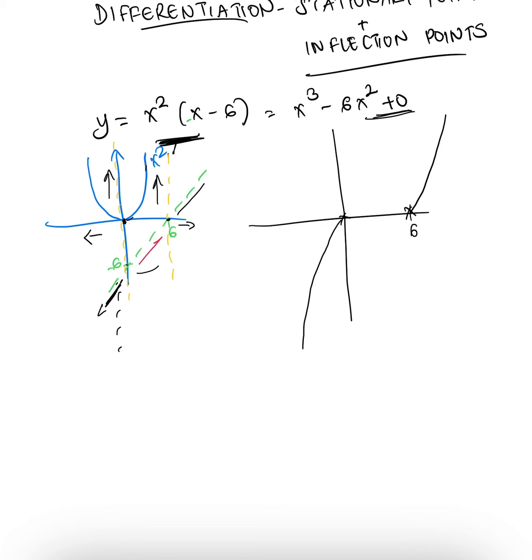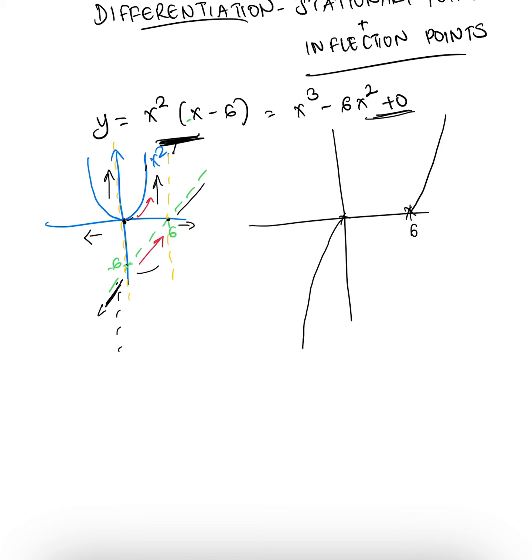The gradient is positive this way. It's going up, okay? And we also have an increasing function with regards to x squared because the gradient is positive that way, right? So what will happen?